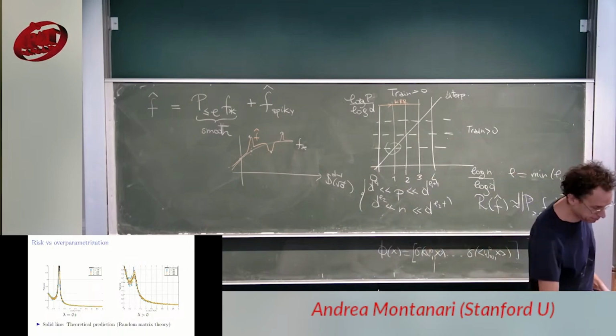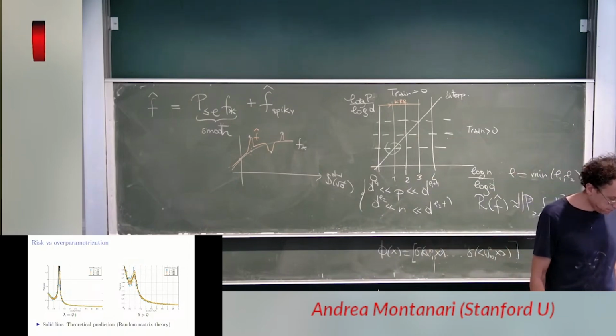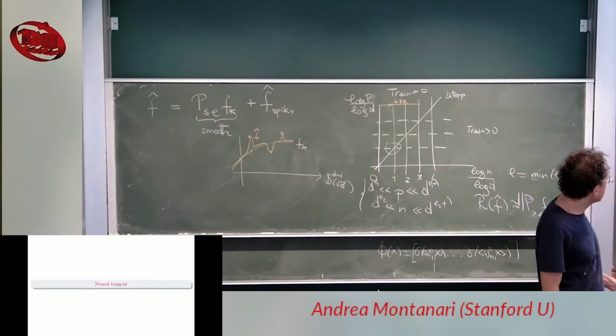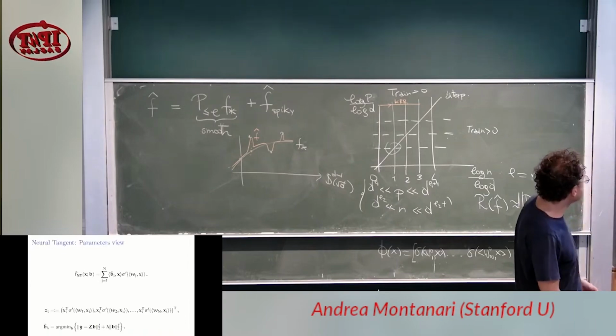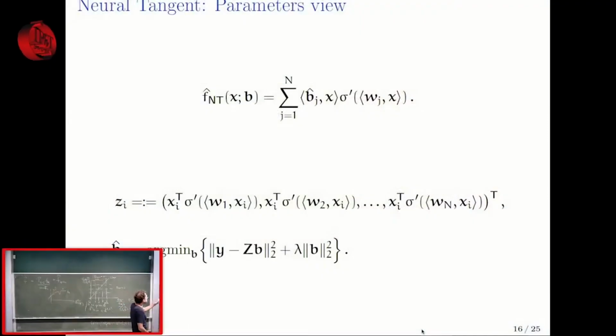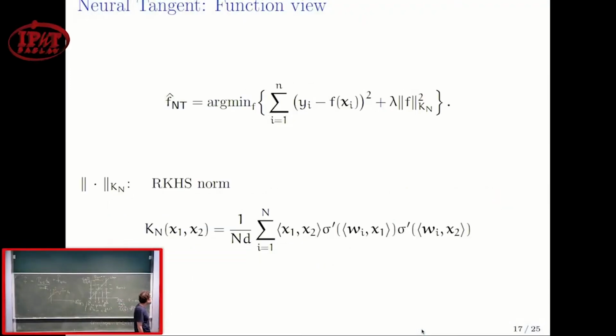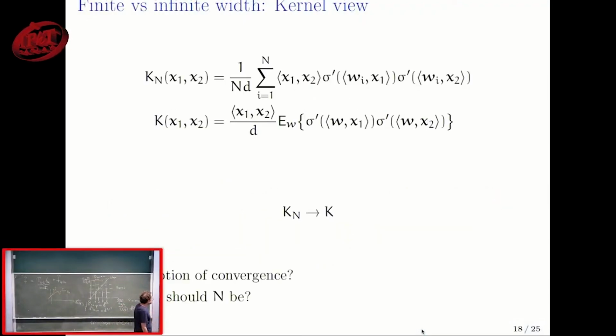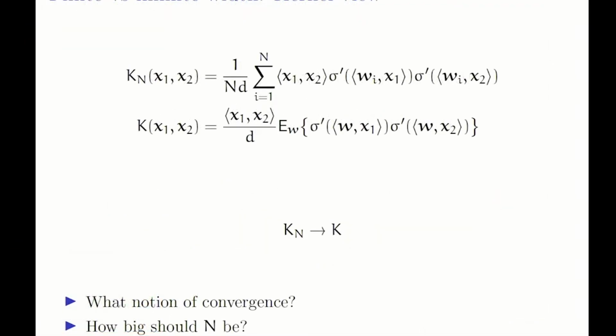Right, so finally, what I mentioned in the last lecture, what we know about the neural tangent model, the model that I described, with an associated RKHS norm.